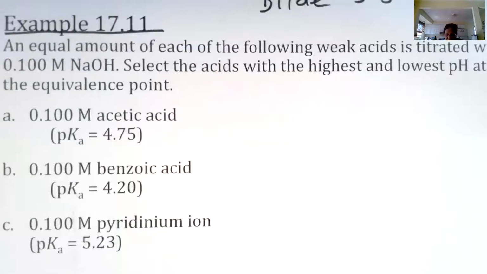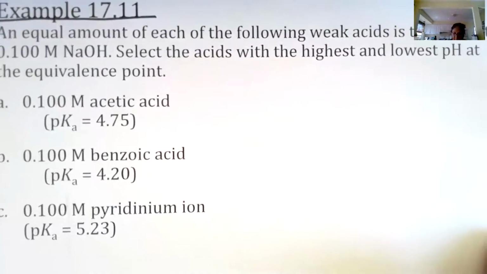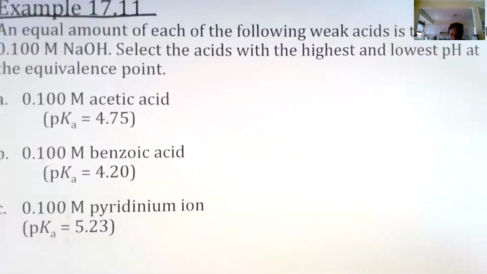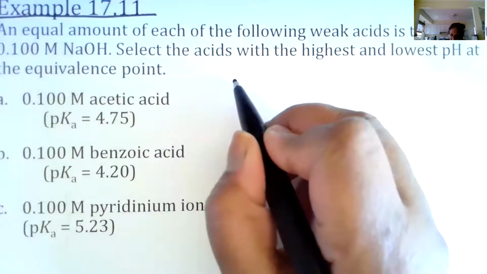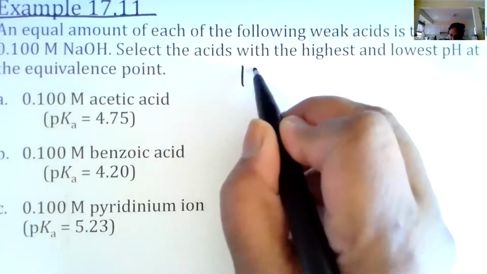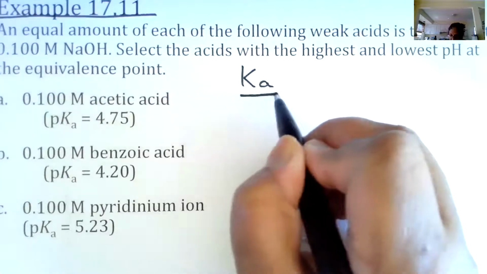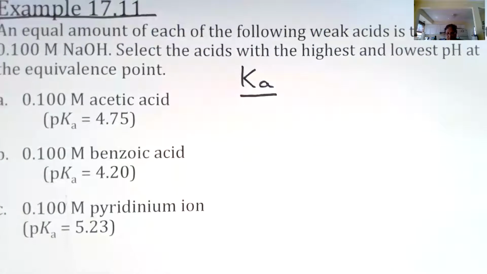Select the acids with the highest and the lowest pH at the equivalence point. Now, which acid has the highest Ka and which acid has the lowest Ka?